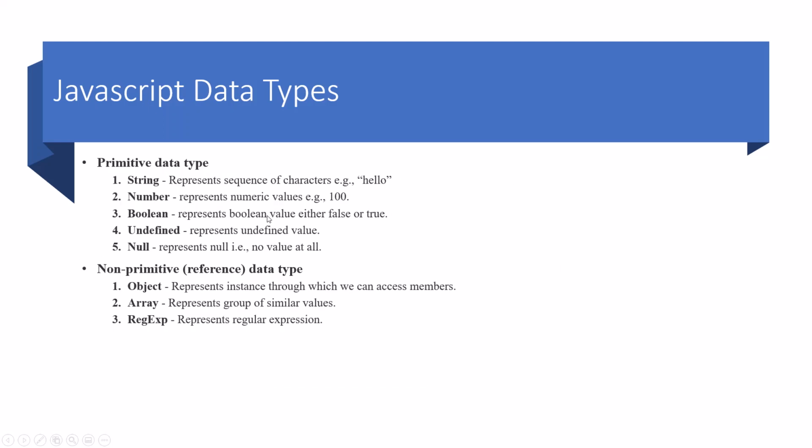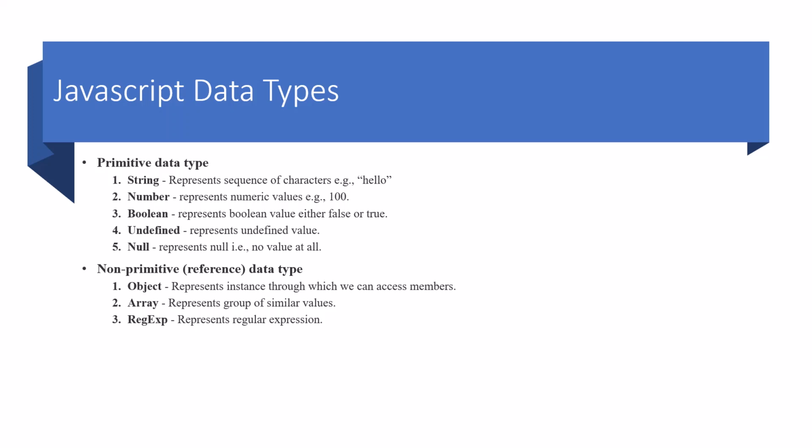Next, the JavaScript data types. JavaScript has primitive and non-primitive data types. Primitive data types are the predefined data types provided by the JavaScript language, and the non-primitive data types are derived from the primitive data types.